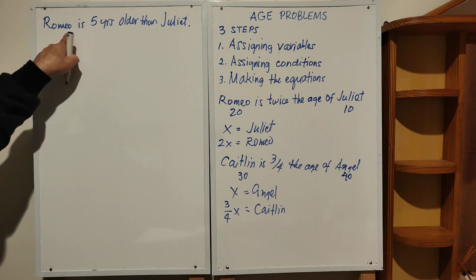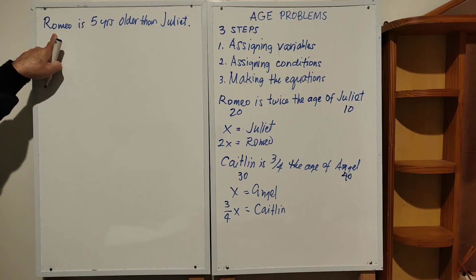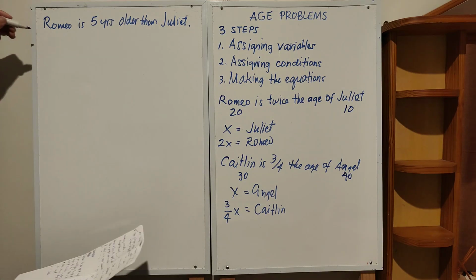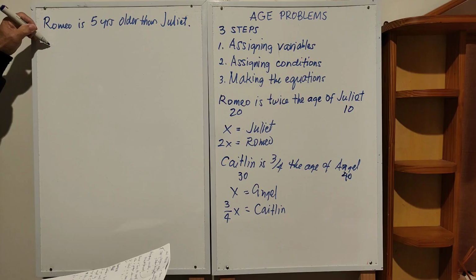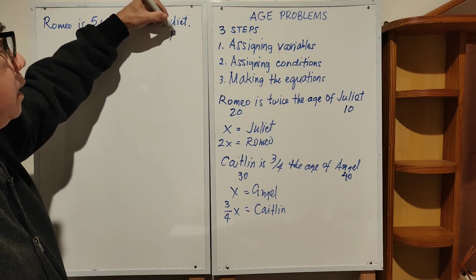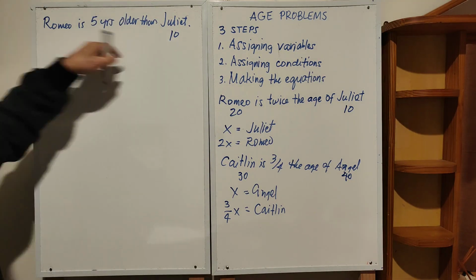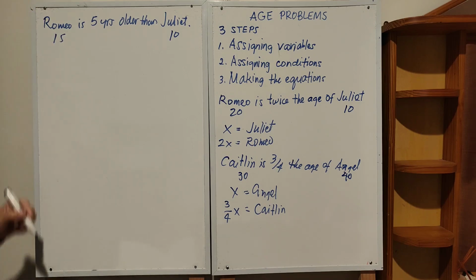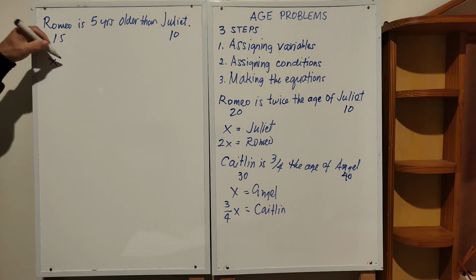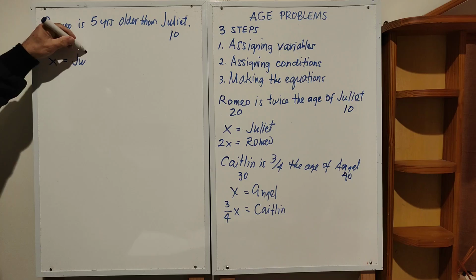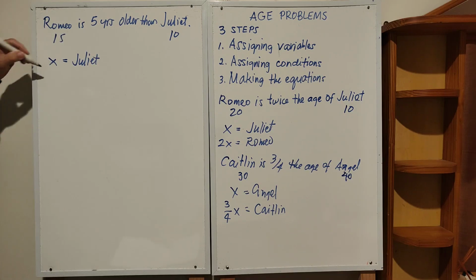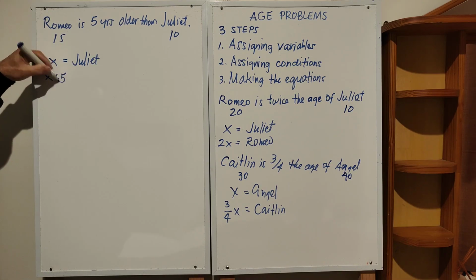The older one is Romeo. So for example, if Juliet is 10, Romeo is 5 years older, so Romeo is 15. So let's say if Juliet is X, then Romeo would be X plus 5.